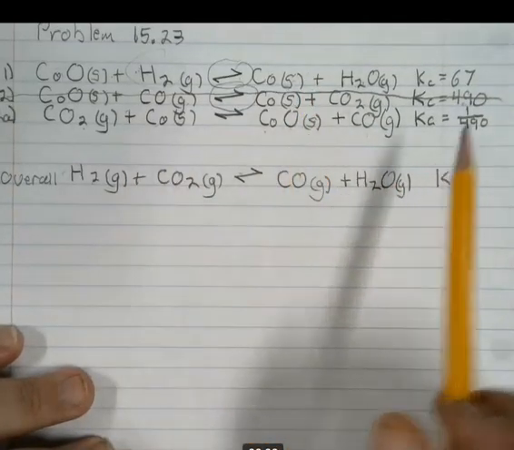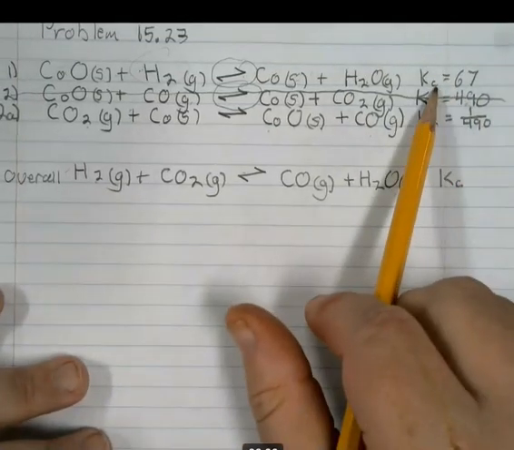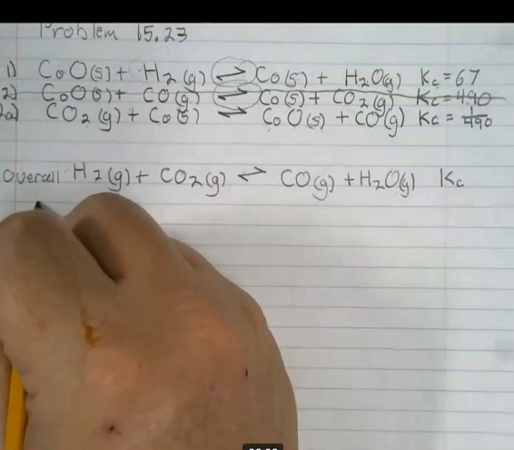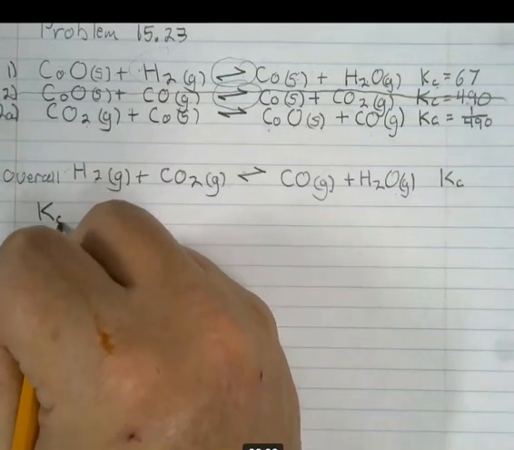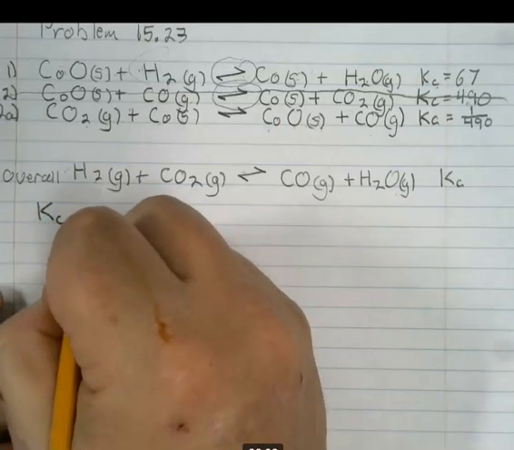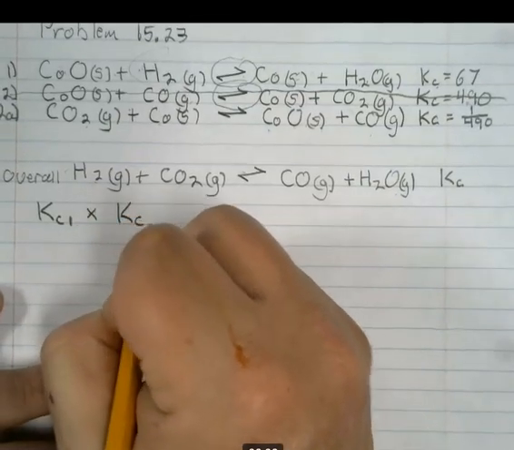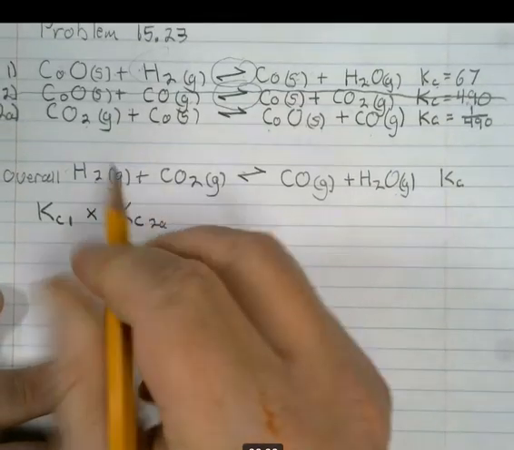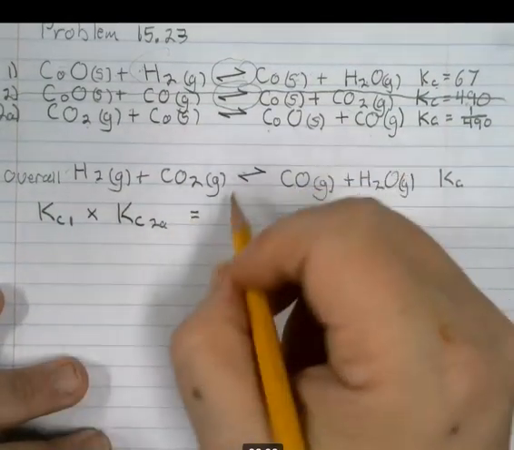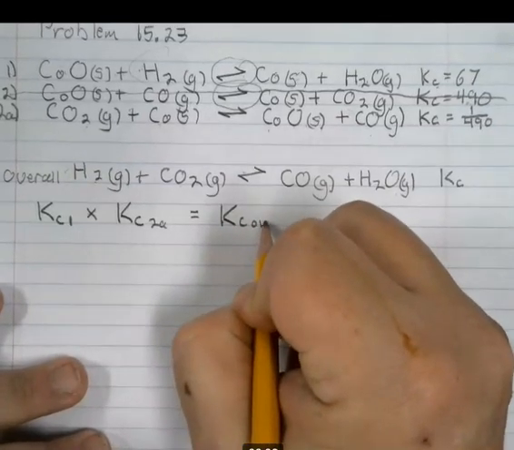What do you do with your K's when you add the two equations? You multiply them. So that's going to be Kc of equation 1, multiplied by Kc of equation 2a, the new 2 equation there, and that's going to equal our Kc of the overall reaction.